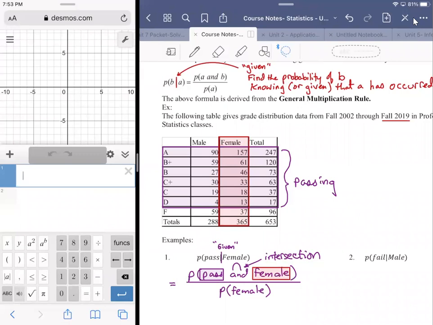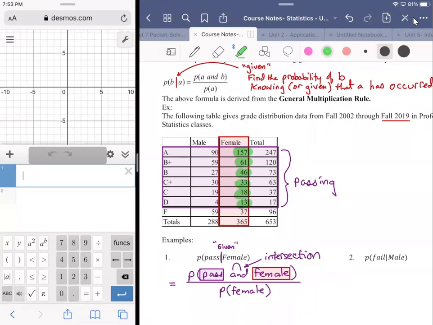The overlap in a very Venn diagram sort of way would be any individual that's both passing and female. So that's going to be this group here. I kind of wanted that to be an ellipse, but that's sort of what I'm up against. All right. So it's these values, long story short.